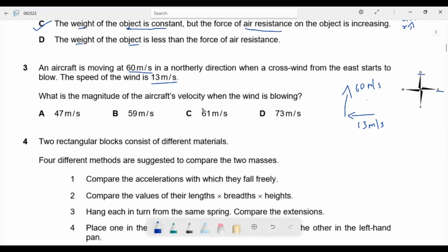So we can draw the resultant, from the tail of one vector to the head of another vector, and it is at 90 degrees. We can apply Pythagoras theorem for finding the resultant vector. So the resultant vector is equal to the square root of 60 meter per second the whole square plus 13 meter per second the whole square.